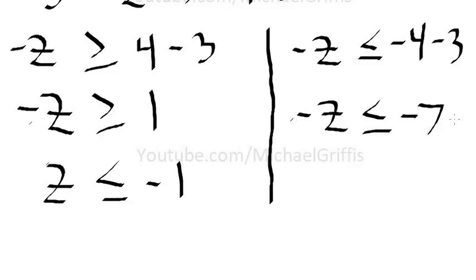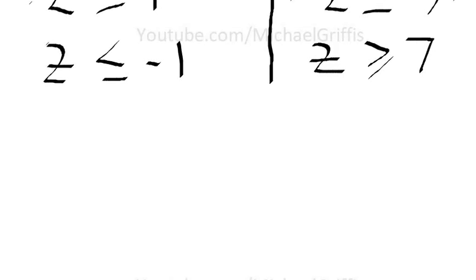Once again, multiplying negative 1 to both sides, we have to flip that inequality, and now we have z is greater than or equal to 7. I was just checking that, making sure.